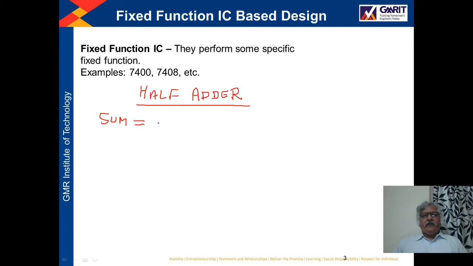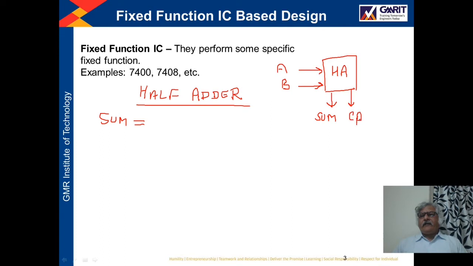Let us assume the inputs. Basically he has to design this system. This is a half adder. This half adder has two inputs. Let us assume A and B are the inputs, and it has two outputs, right? One output is sum and another output is carry.